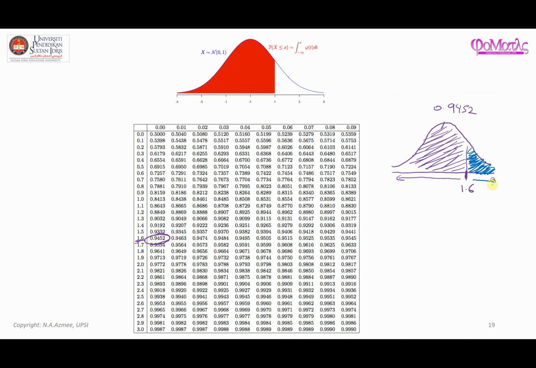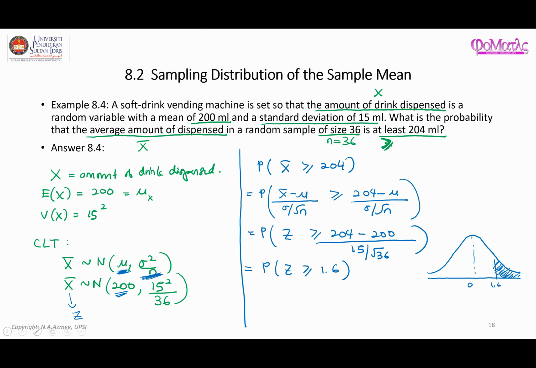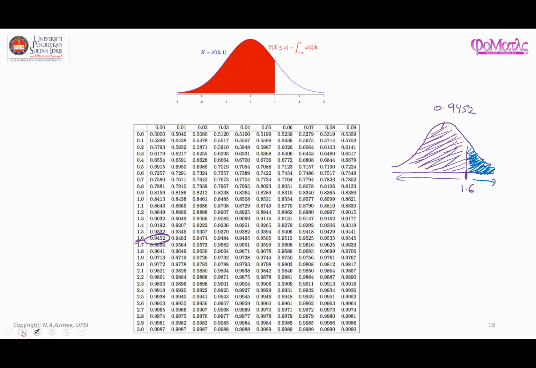to the right. So what we have to do is write down 1 minus 0.9452. 0.9452 is this area to the left, and what we're looking for is this one.